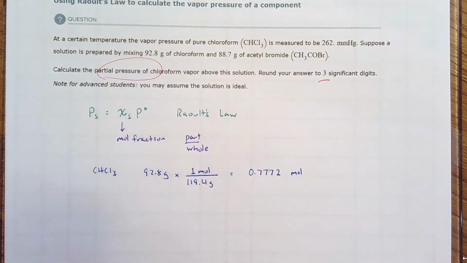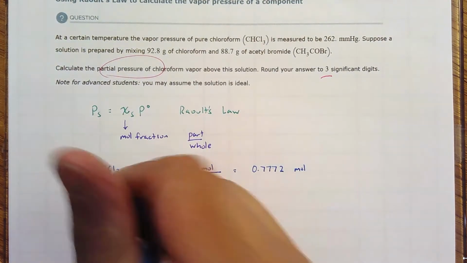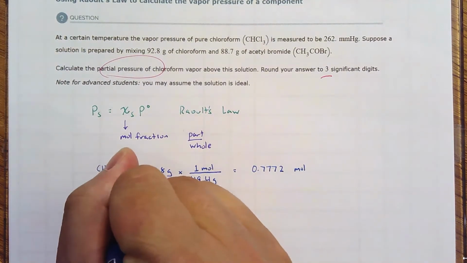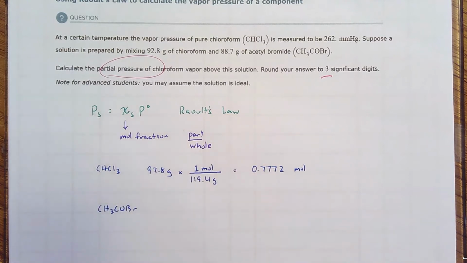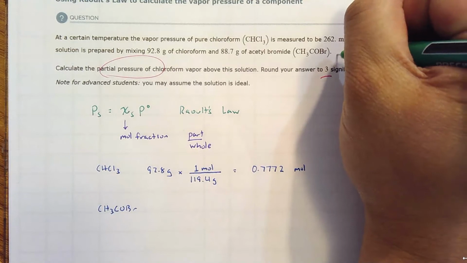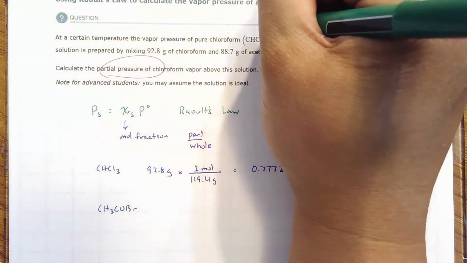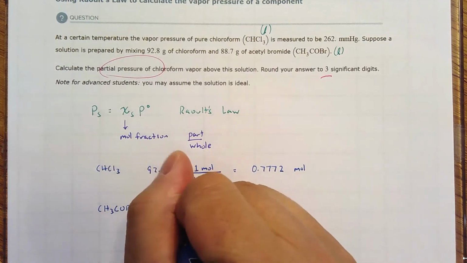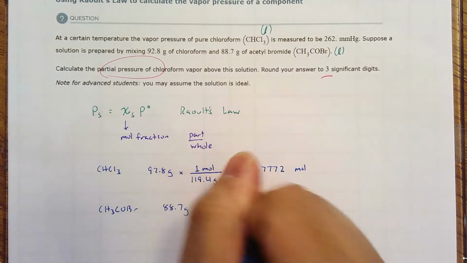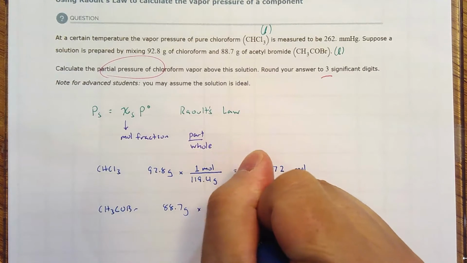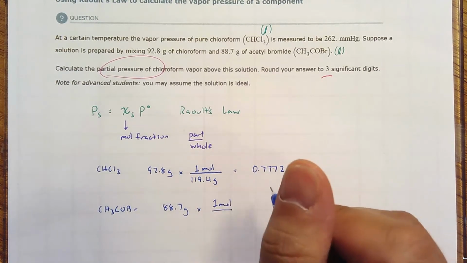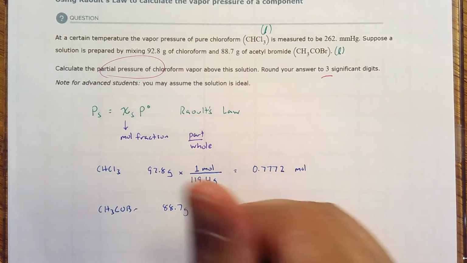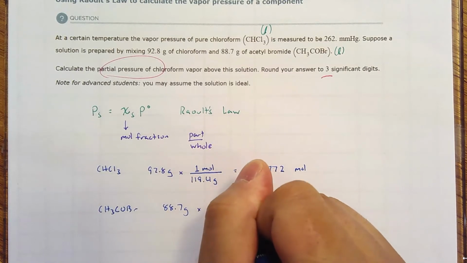For the acetyl bromide, CH3COBr, that actually is a liquid as well. We're mixing a liquid in liquid mixture. 88.7 grams times 1 mole over the molar mass for acetyl bromide, which is 122.95.